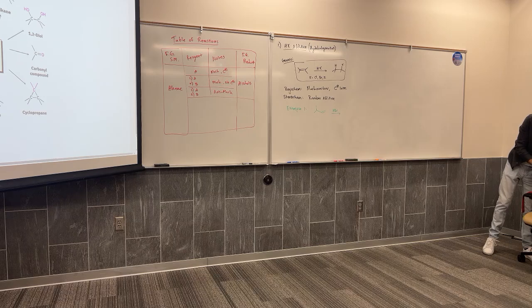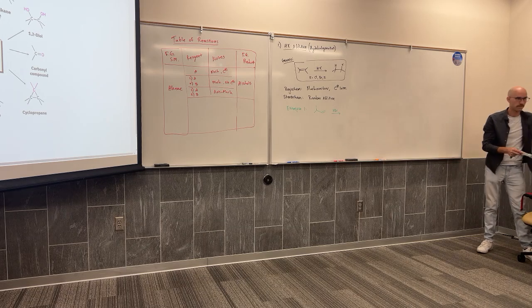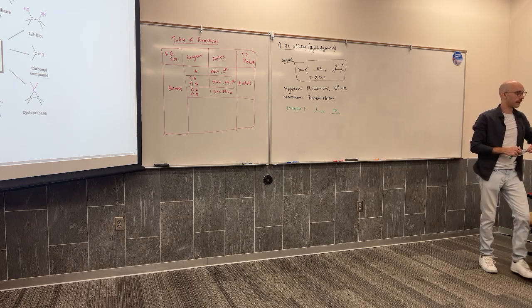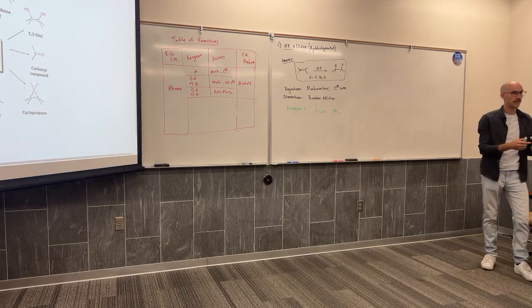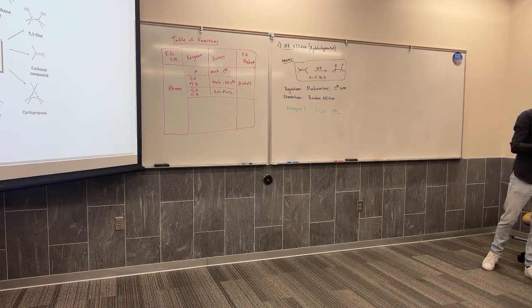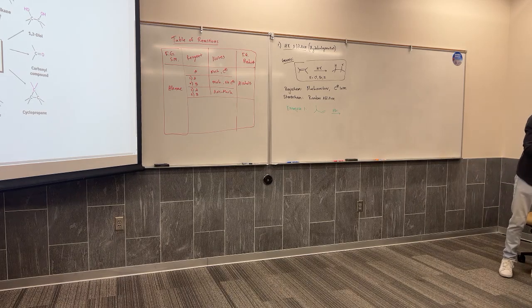It does not form 1-bromobutane. It forms a carbocation on that secondary position. That's regiochemistry. That secondary carbocation rearranges to the tertiary carbon, and then the halogen adds to that tertiary carbocation. So we get 2-bromo-2-methylbutane.